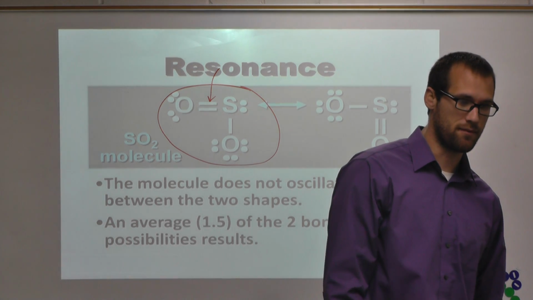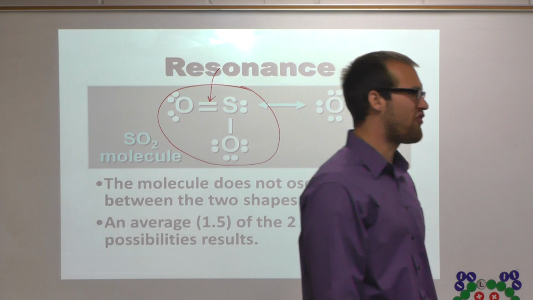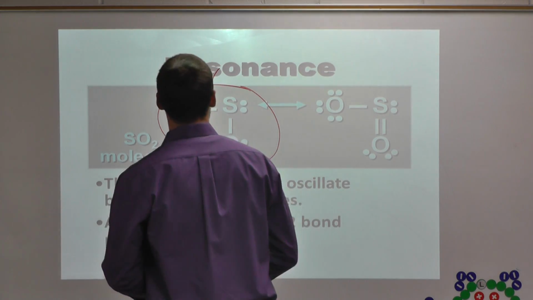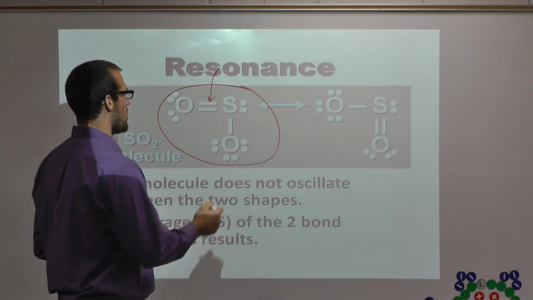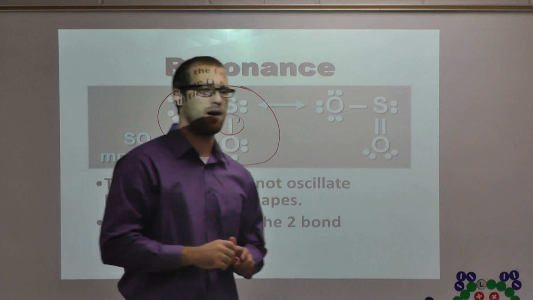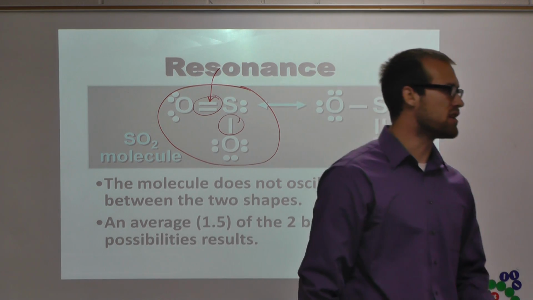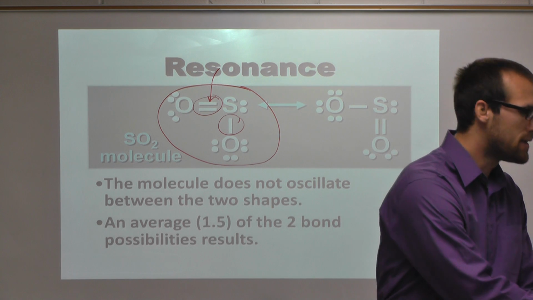You would think so, right? Okay? You would think so. But what they actually find is the bond length and bond energy is somewhere in between a double bond and a single bond. And since I have only one double bond and one single bond, what they found is it's actually two 1.5 bonds.